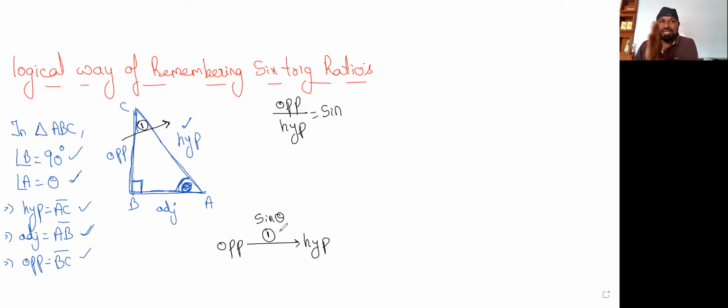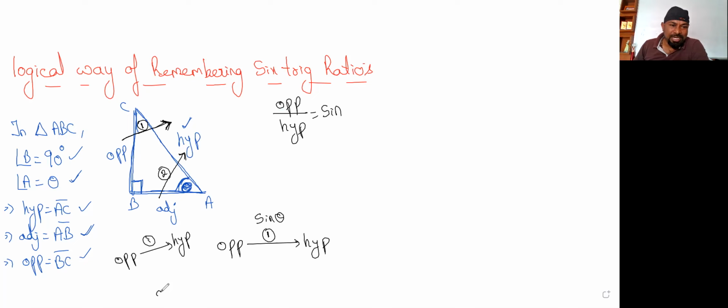From where did I start the journey? I started from opposite and traveled to hypotenuse. Is it clear? Opposite to hypotenuse, and I called it sine theta. Now, let us go from adjacent to hypotenuse and call it the second relation.